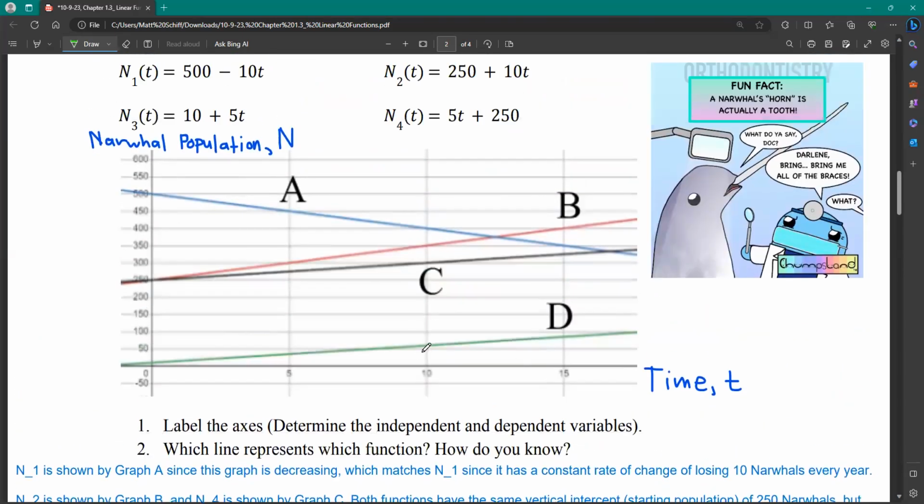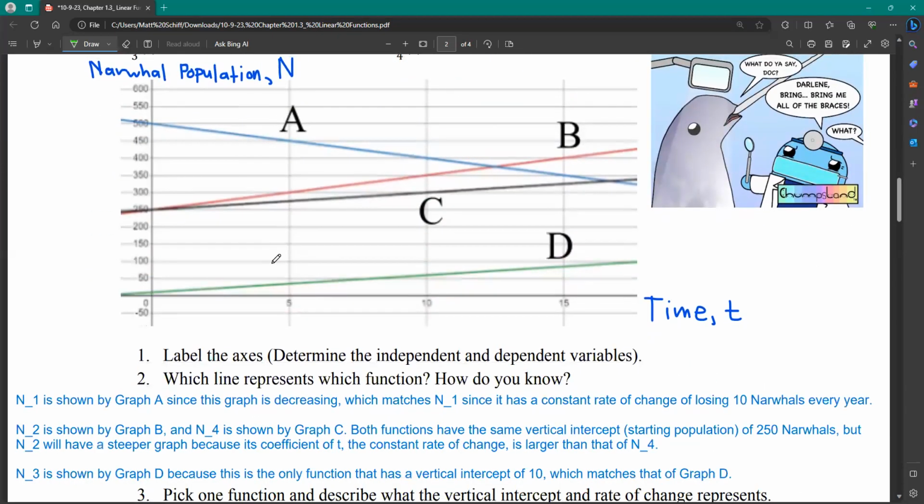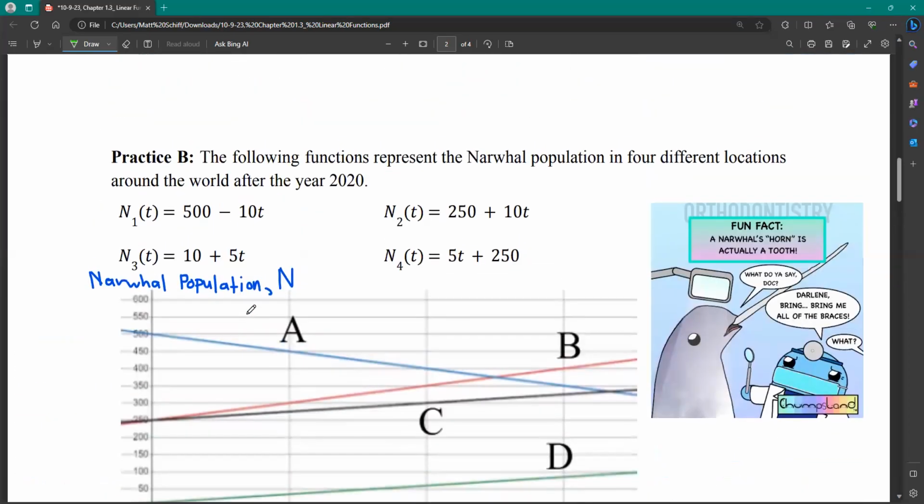Also, labeling the graph, the horizontal axis is time, vertical axis is the narwhal population. So you input a number of years since 2020, and you get the narwhal population in that year. All right, so how do we match each function with its graph?